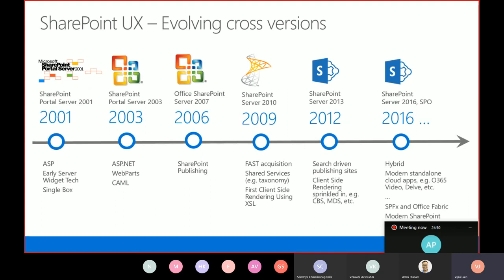Then I will say the most stable version till today is SharePoint Server 2010, which I like the most, where Microsoft did the FAST acquisition in search functionality. Then SharePoint Server 2013, 2016, and the remaining you know very well, SharePoint Server 2019 as well. In SharePoint Server 2016, SPFx and Office Fabric, these modern technologies for modern SharePoint web development, got started.